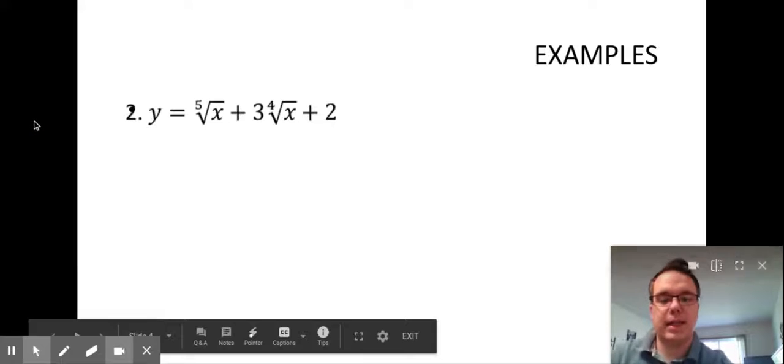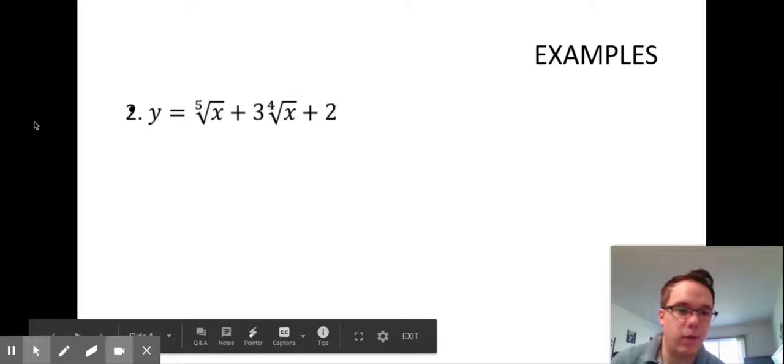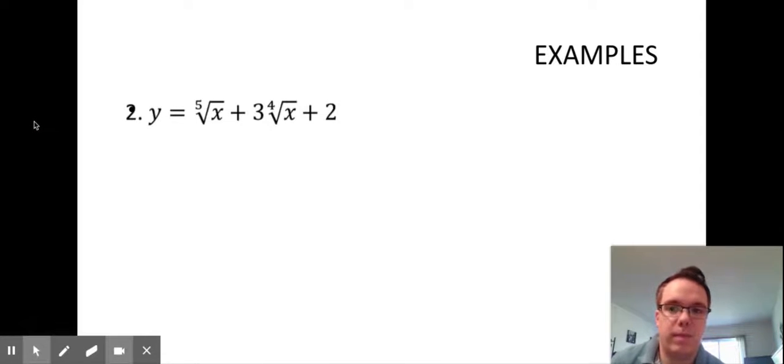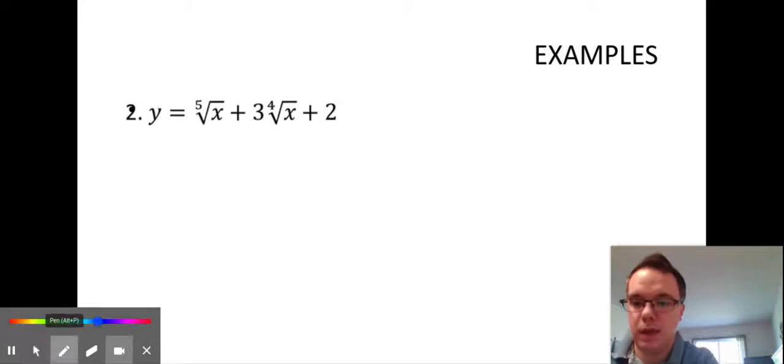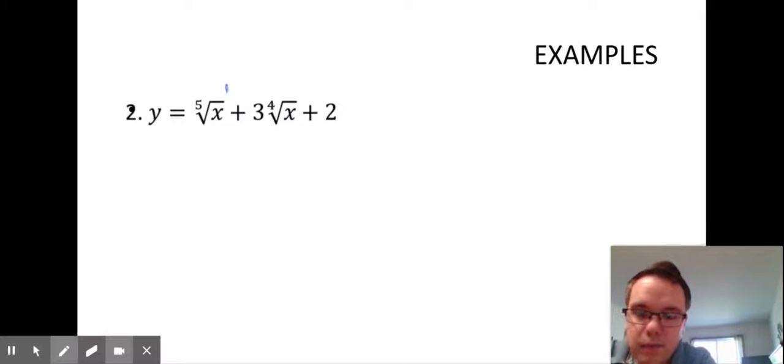All right, so our second example is going to throw roots in there. We don't like roots, remember, but hopefully you remember from Algebra 2 how to turn roots back into fractional exponents. There is a hidden 1 on my 5th root, and there's a hidden 1 on my 4th root here.